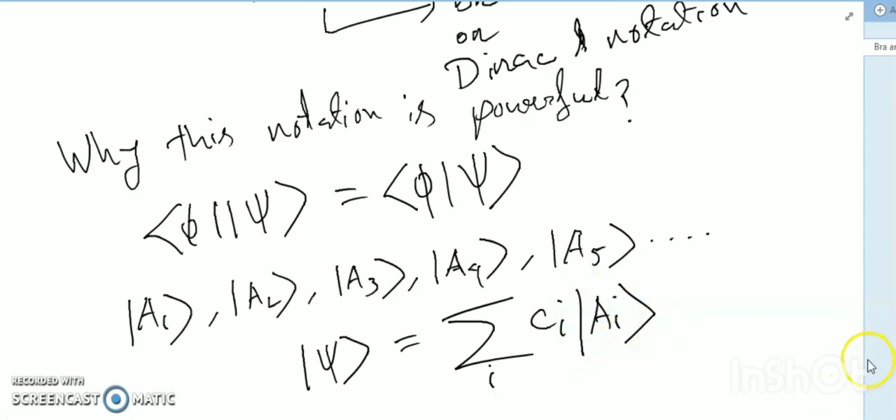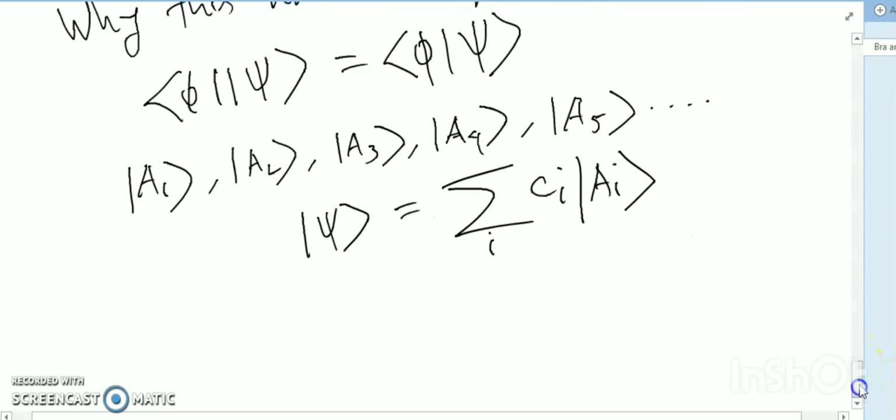So calculate the coefficient as follows. You know how to calculate the coefficient from my Schrodinger wave equation discussion. I have already discussed it. So calculate the coefficient as follows and plug in this expression for all the coefficients.